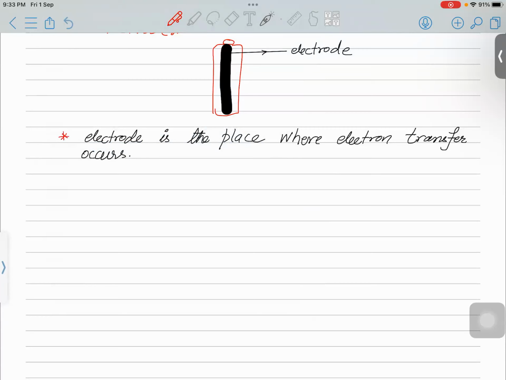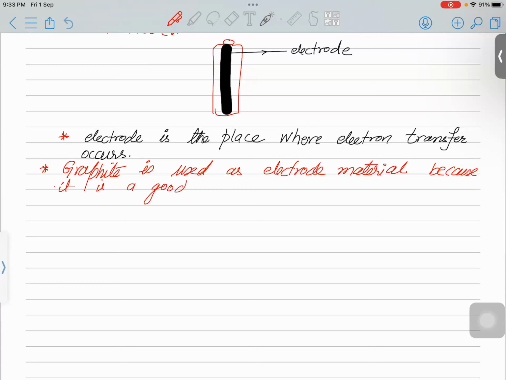So next point is, graphite is used as electrode material because it is a good conductor of electricity.